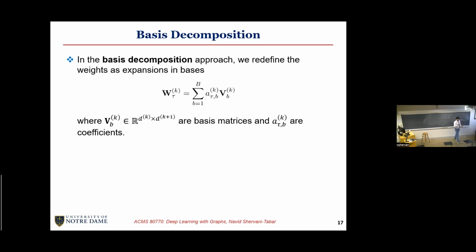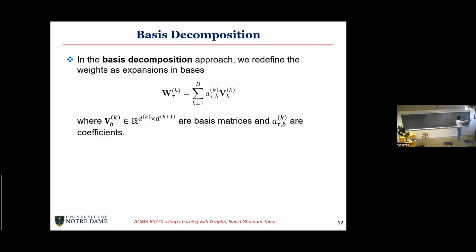And I say, for instance, I have B of these. So I'm summing over 1 to B, and there is this alpha, which is some coefficient for summing these up. So I have W, which has dimension d_k times d_{k+1}. I have V_b, which has the same dimensionality, and I have a, which is just a coefficient.